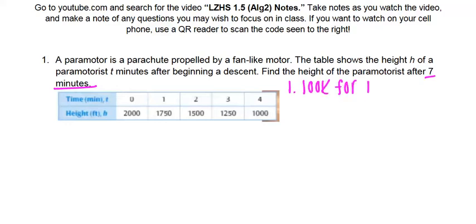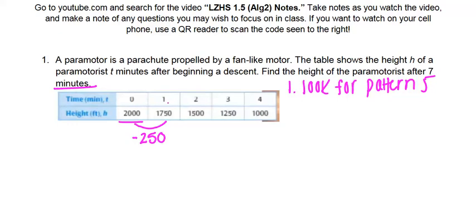So I'm going to take note of this, and then I'm going to examine any information that they're giving me. So I know when our time is 0, we're at a height of 2,000 feet. After 1 minute goes by, I've dropped down to 1,750 feet. So I'm going to say that this difference is negative 250 feet because I'm going in a downward direction.